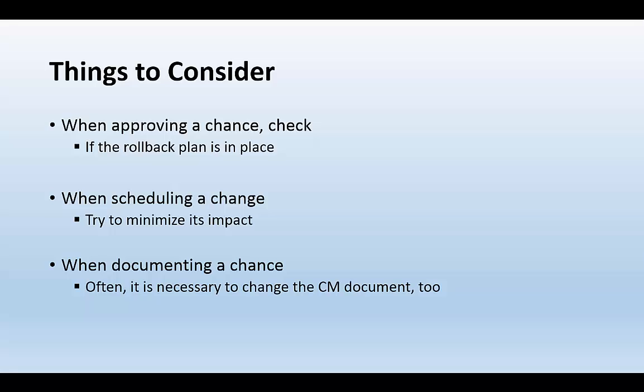Also, when scheduling a change, try to minimize its impact by making the change when the system is not used heavily. Finally, when documenting a change, often it is necessary to also change the configuration management document in addition to documenting the change itself.